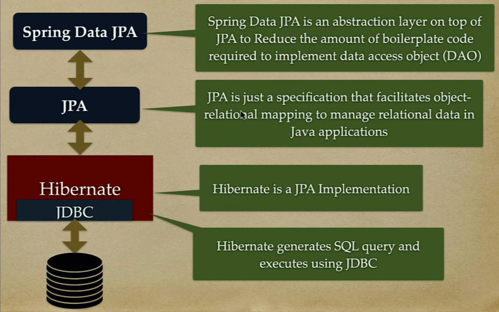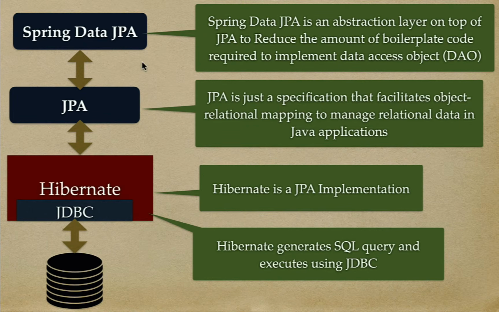Okay, it means that instead of creating the SQL statements, we can directly persist an object into a relational database table using JPA. Okay, and JPA is just a specification. It doesn't have any implementation, right? So that is where Hibernate comes into the picture. Hibernate is basically an ORM framework that implements the JPA specification. Okay, so Hibernate is a JPA implementation provider.